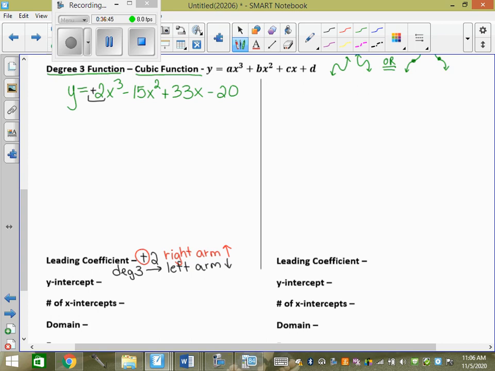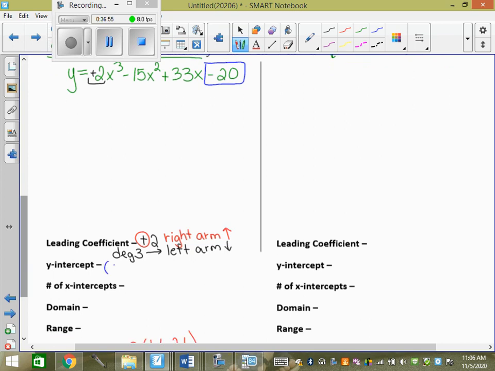What's my y-intercept at? Negative 20. Because my constant is always my y-intercept. So it's at 0 and negative 20 because I have a constant equal to negative 20. How many x-intercepts does this one have? 3. Now this is the catch.